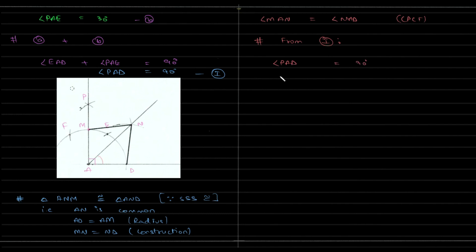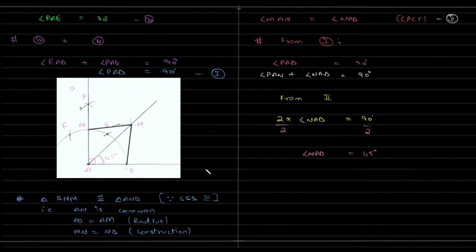So PAD is the combination of angle PAN plus NAD, which is equal to 90 degrees. But the second equation tells that these two are of equal angle measure. So from the second, we can tell that 2 times angle NAD will be equal to 90 degrees, and dividing by 2, we have NAD equal to 45 degrees, and so this is 45 degrees.